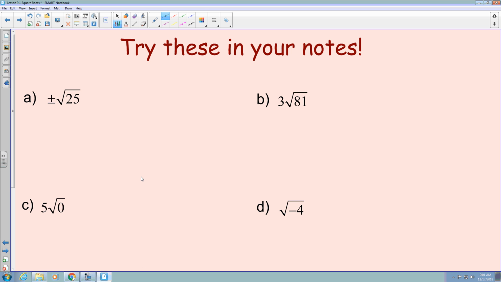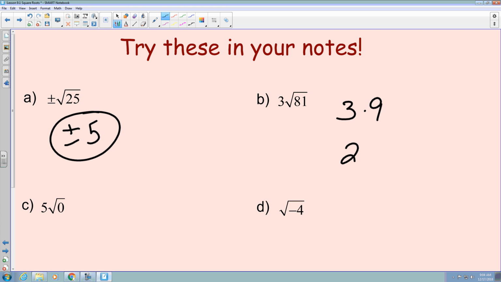And so we'll try some more, similar to what we did in those previous examples. So we have plus or minus, we write plus or minus here. Square root of 25 is just 5, so it's plus or minus 5. We got the 3 here, that gets multiplied by the square root of 81. Since it's positive, it's going to be 9.